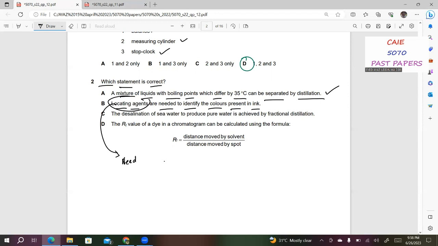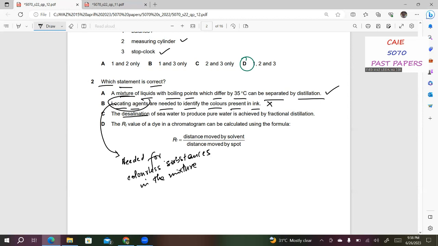Needed for colorless substances in the mixture. So this is wrong.